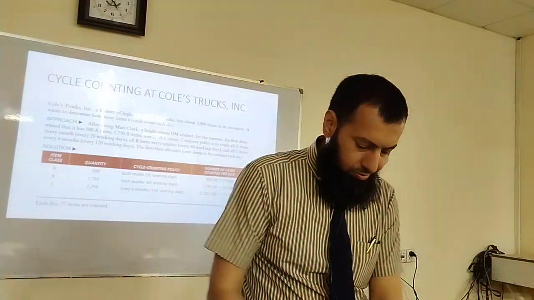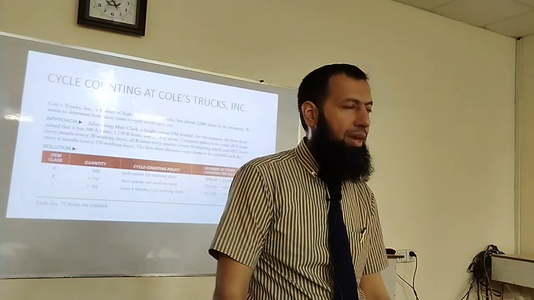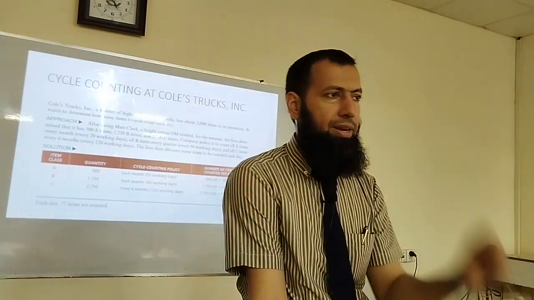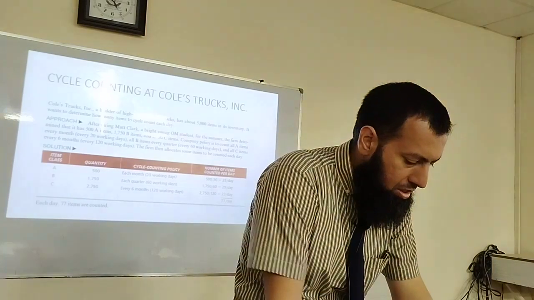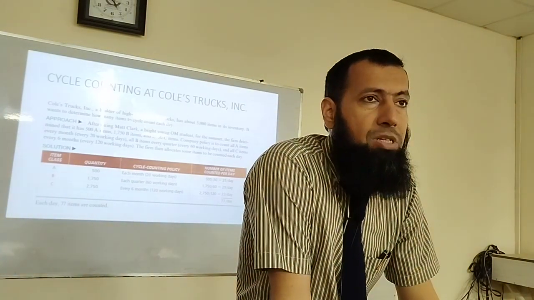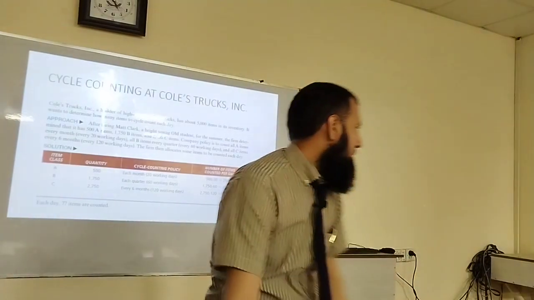For the economic order quantity model, there are a few assumptions which we need to write. The first assumption is that demand for an item is known. Note it down.